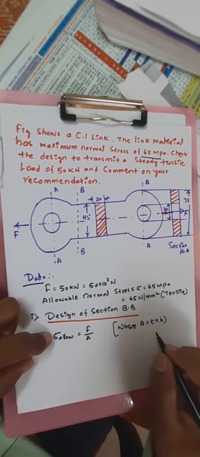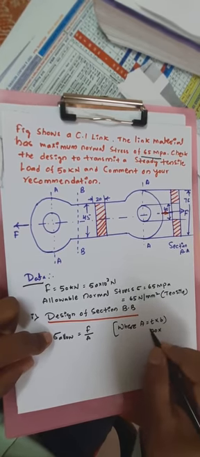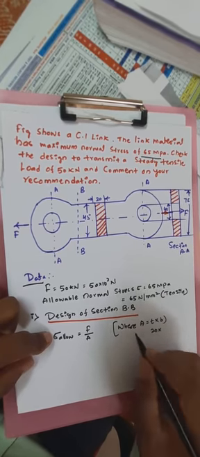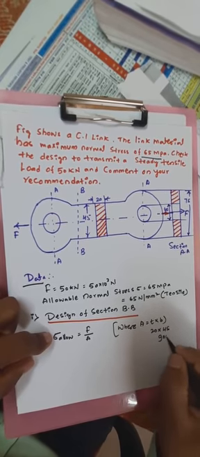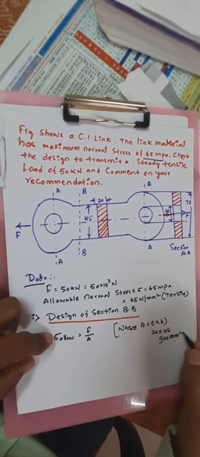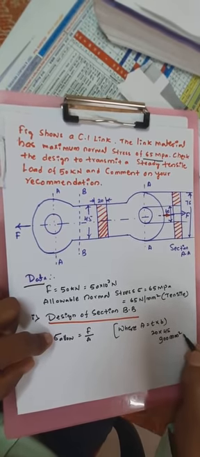We know the thickness is 20, so the area is 20 into B, and B is equal to 45, which gives 900 mm square. The value A is equal to 900 mm square.